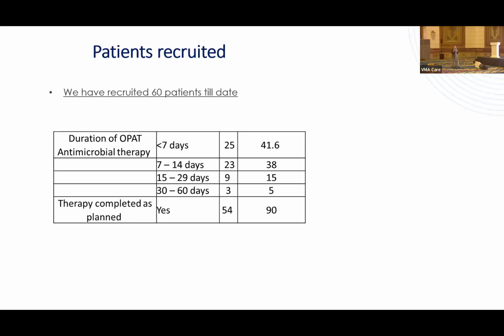It's not a huge number, but because we have a restricted criteria of selection, and many of our consults are actually an opportunity for stewardship to switch to oral. So sometimes they do call us for self-OPAT, and we can, with the help of ASP, switch to oral medication. But whenever it's necessary and the patient does sign the consent and all of the other factors are taken into account, then we can discharge them.